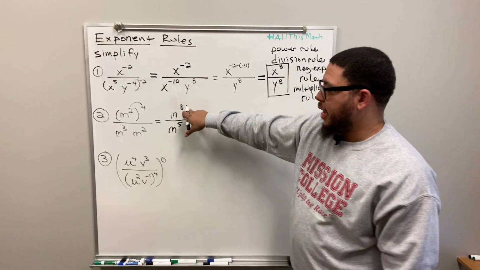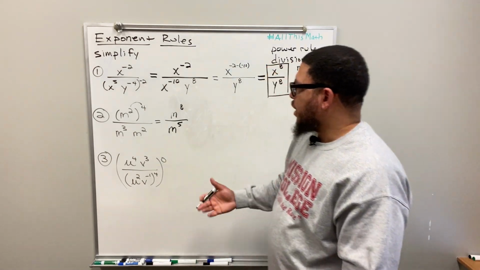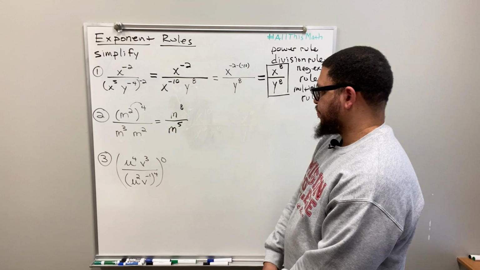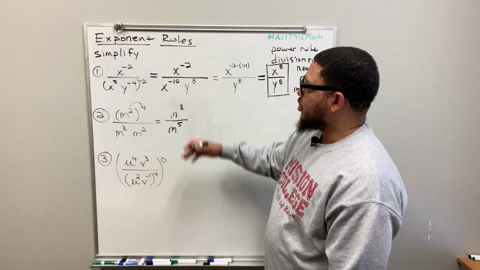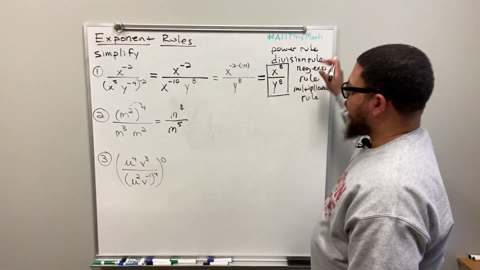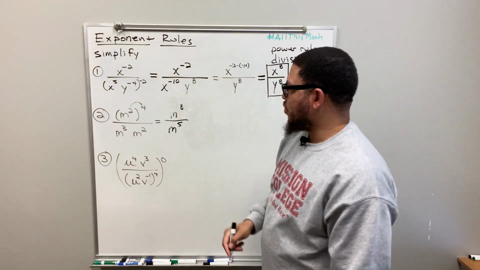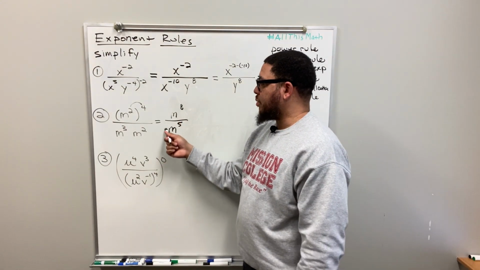So now we got m to the 8th in the numerator, and m to the 5th in the denominator, right? I got an m on top and an m on the bottom, so I can use the division rule, like we used in number 1. With the division rule, I subtract the exponents, because I got the same variable.